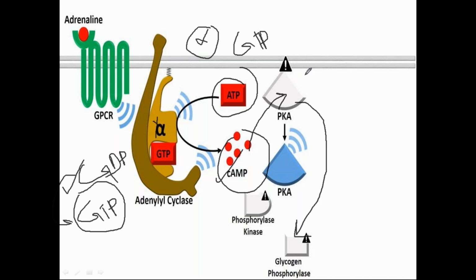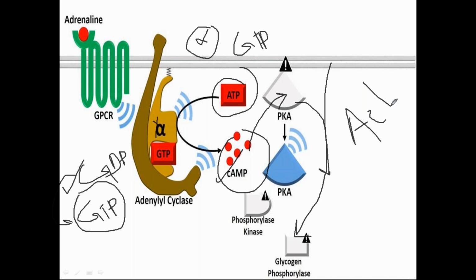So you just have to remember till here that the agonist is binding to the GPCR, there is a change in the GPCR, the alpha subunit is removed, GDP is dissociated, GTP is bound, it will go and bind with adenylyl cyclase, ATP will be converted to cyclic AMP, and cyclic AMP will activate protein kinase A. This is an activation.